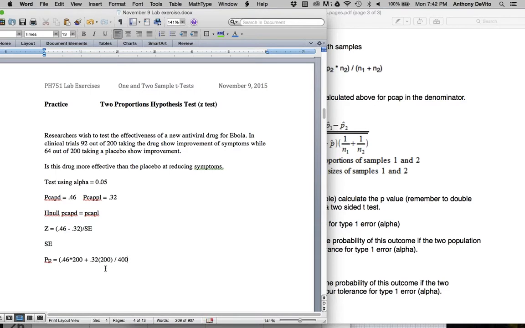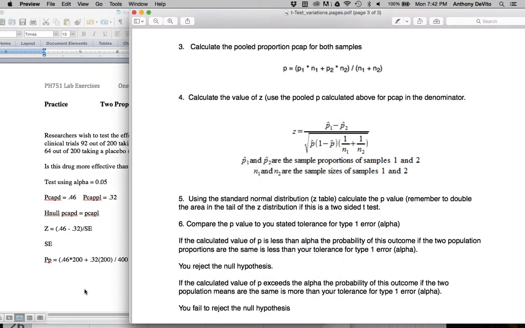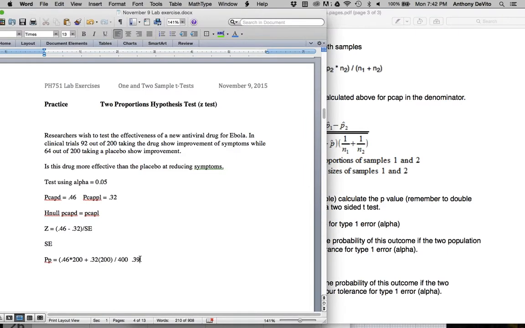Okay, that looks to me like it's going to be the average of those two proportions. Everybody agree with that? What's that going to turn out to? 78 over 200 is going to be 39, right? That's going to be equal to 0.39. Does that look right? It's going to wind up just being the arithmetic average. So our pooled proportion is 0.39. It wouldn't have been just the arithmetic average if the sample sizes were different. In this case, the sample sizes were the same.